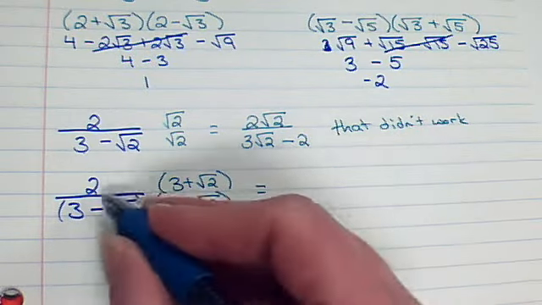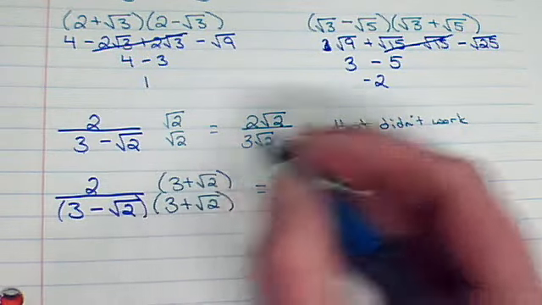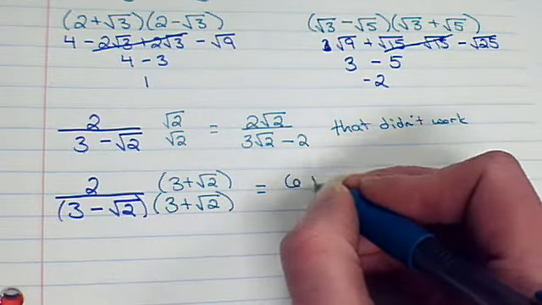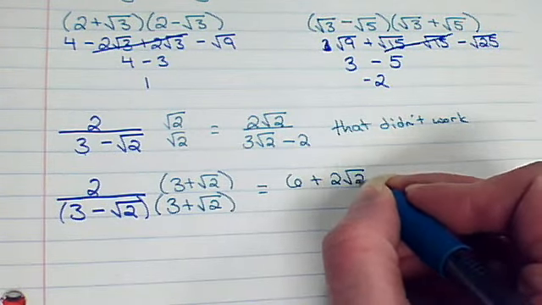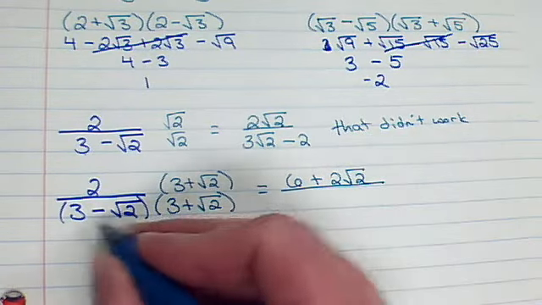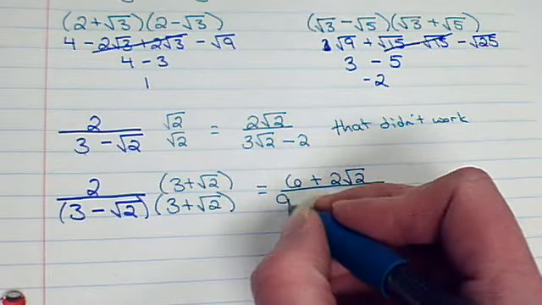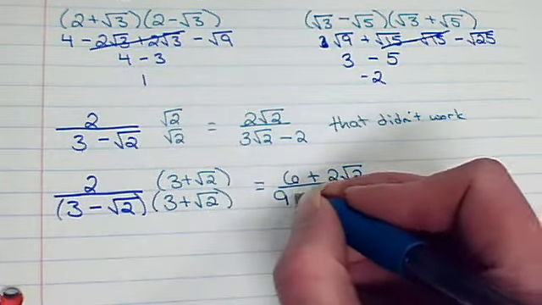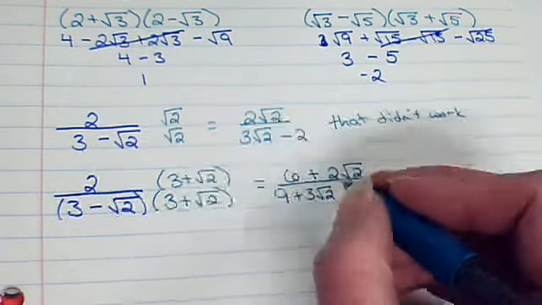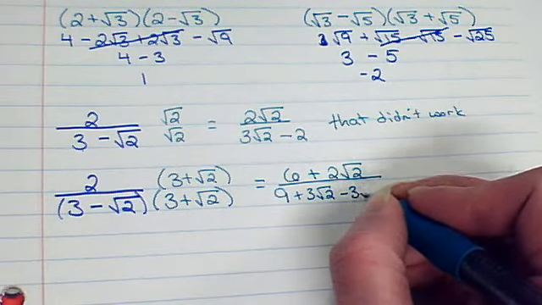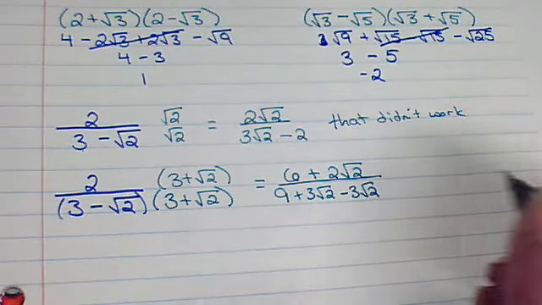I'm going to multiply. So that means I'm going to distribute the top. 2 times 3 is going to be 6, plus 2 times the square root of 2. In the denominator, 3 times 3 is going to be 9. 3 times the square root of 2 is going to be 3 square roots of 2. Negative square root of 2 times 3 is going to be negative 3 root 2. Oh my gosh, those middle terms.